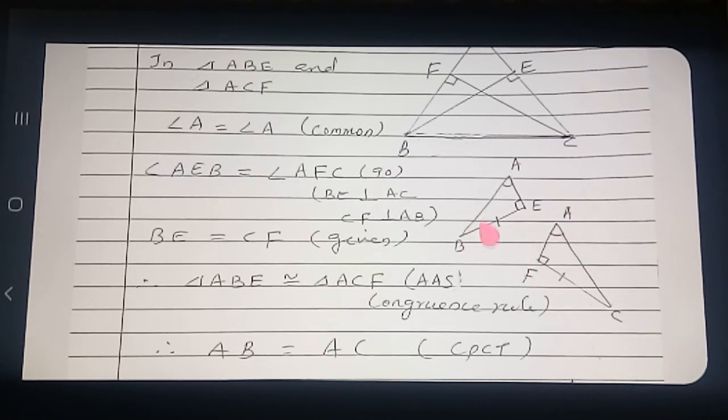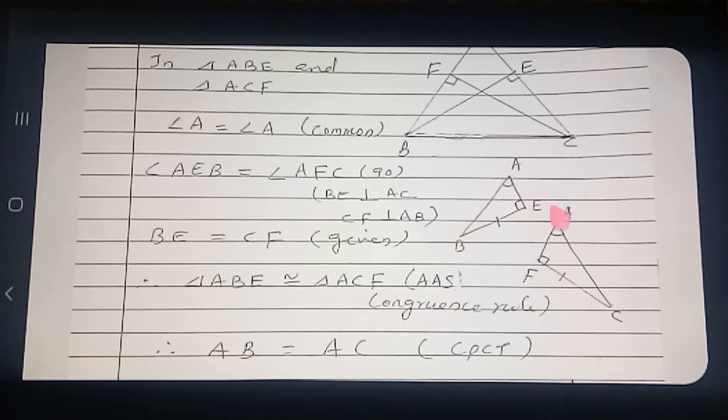Once more listen here. Do not make any confusion here. If you are writing AEB, then you can write it as AFC. If you are writing ABE, then you can write it as ACF. Do not make any confusion over there. If confusion is made, and the congruence rule and correct correspondence are not taken, the full answer will be wrong.